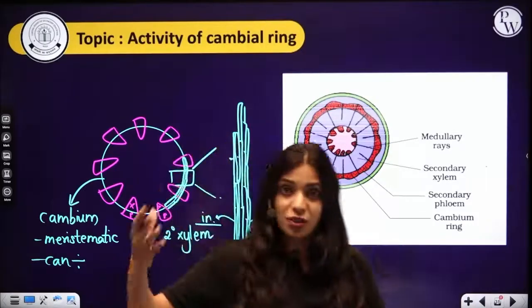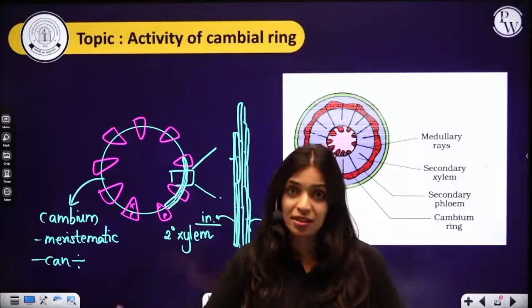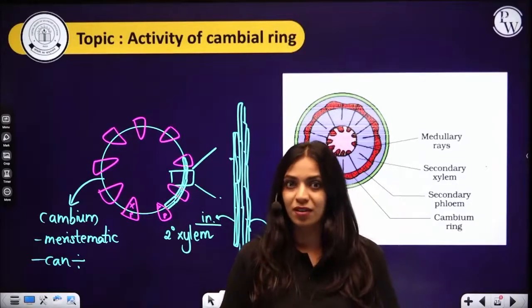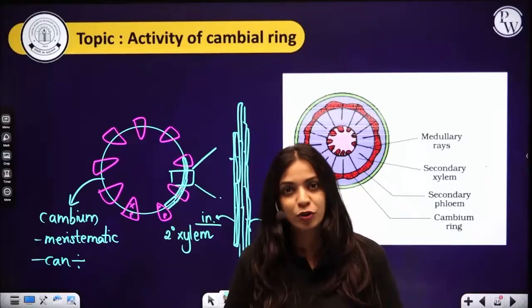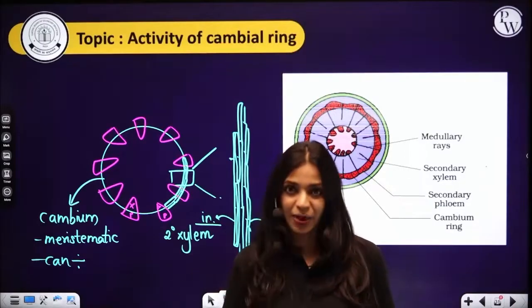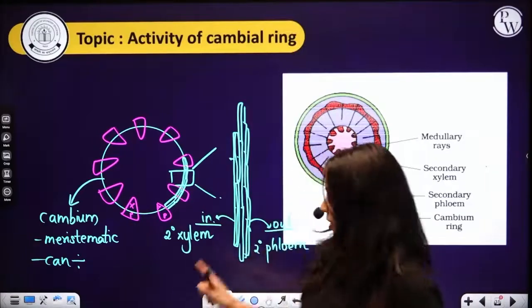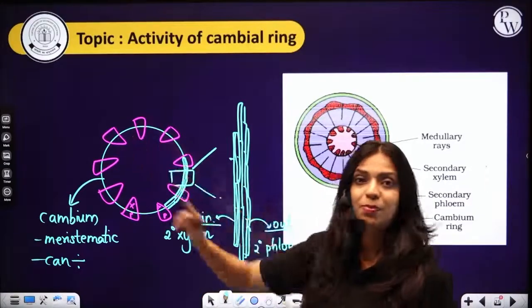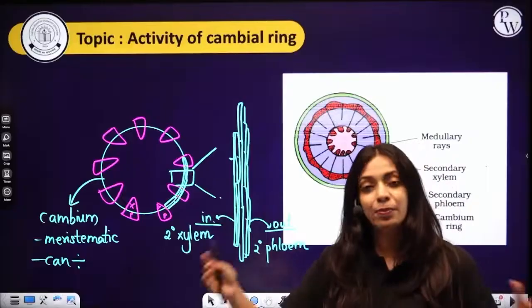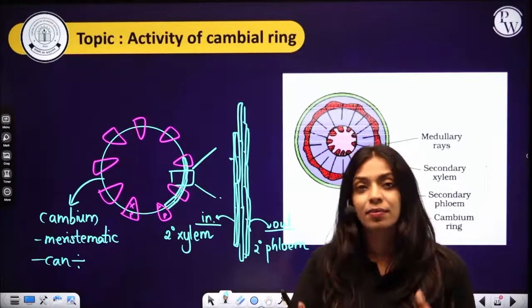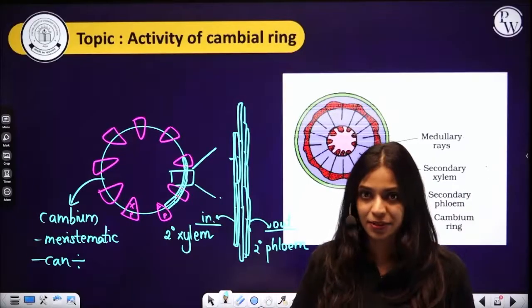As the plant is growing in height, as the plant is growing in general, more water will be needed for the plant. If more water is needed, more xylem elements have to be added. So in order to add more xylem elements, the cambium is helping. As the cambium adds more and more xylem and phloem elements, the stem will naturally increase in girth, right?